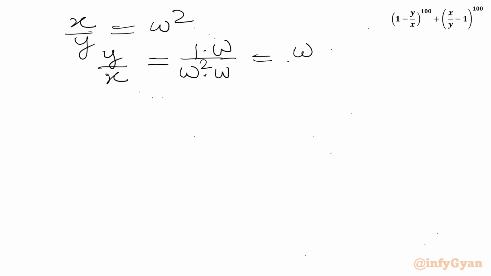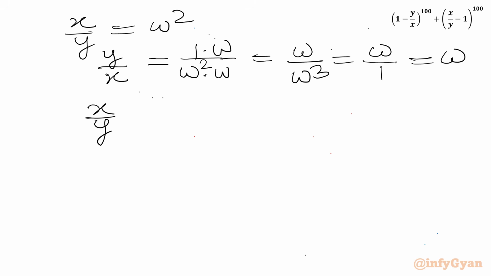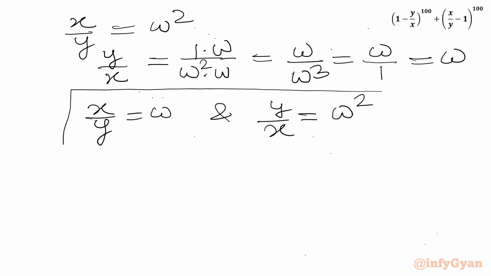We will get omega over omega cube, which is omega over 1, or omega. So our equation is symmetrical. I will consider x over y is omega and y over x is omega square. No need to consider the second case or second solution set.